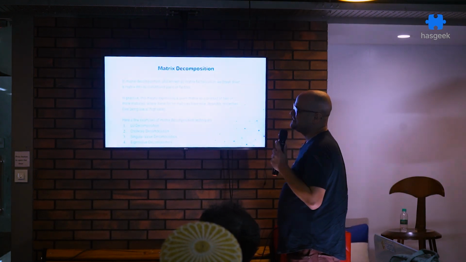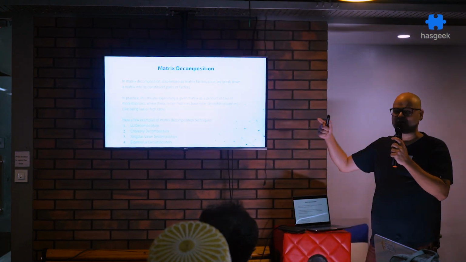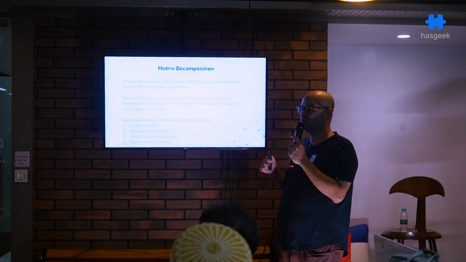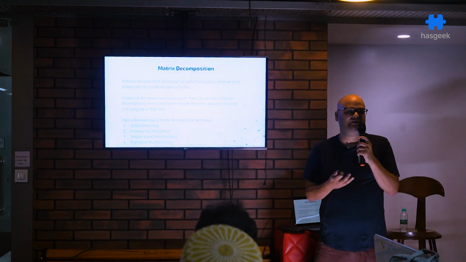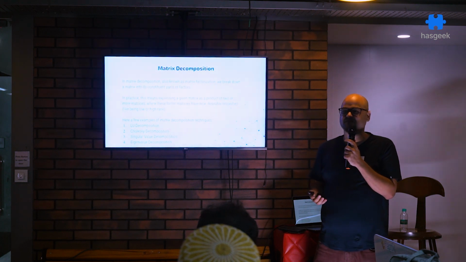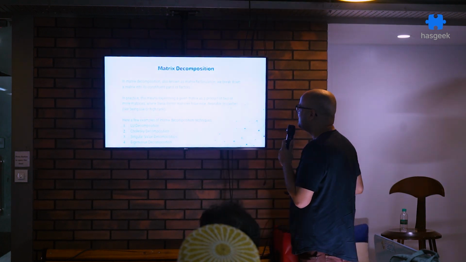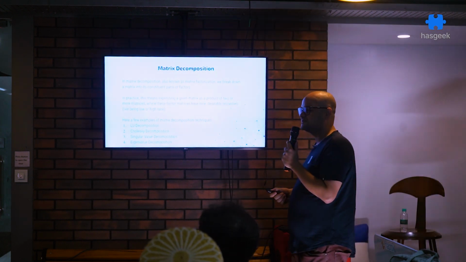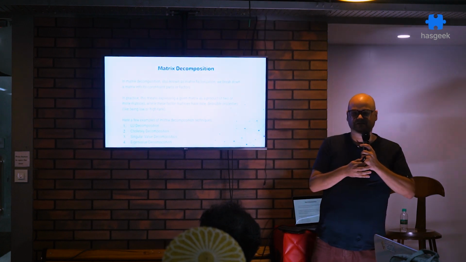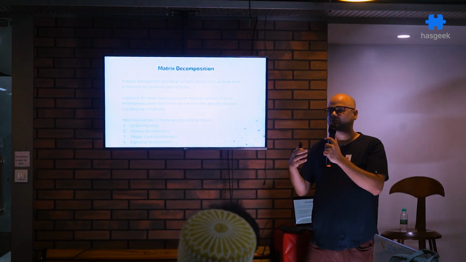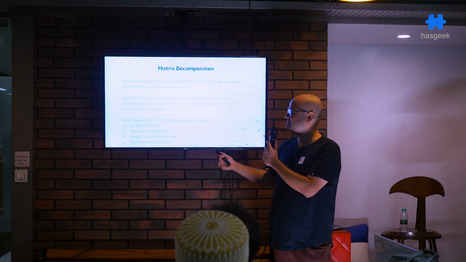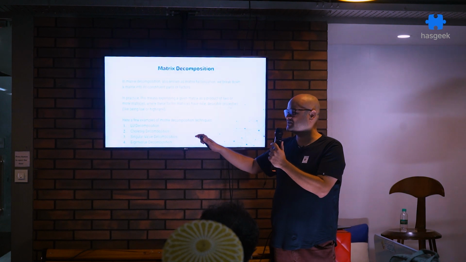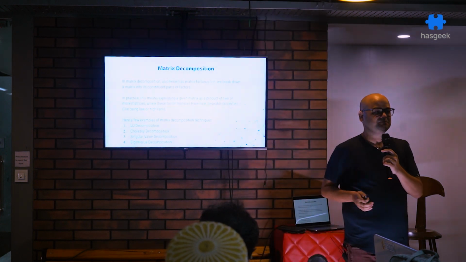So earlier we talked about A and decomposing it into E and F, right? So how do we know that we will be able to come up with E and F, right? That's what matrix decomposition is about. So these are a class of algorithms with which we can take a given matrix and express it as a product of two or more matrices, which we call matrix factors, where these two or more matrices that we came up with, they have some nice property.